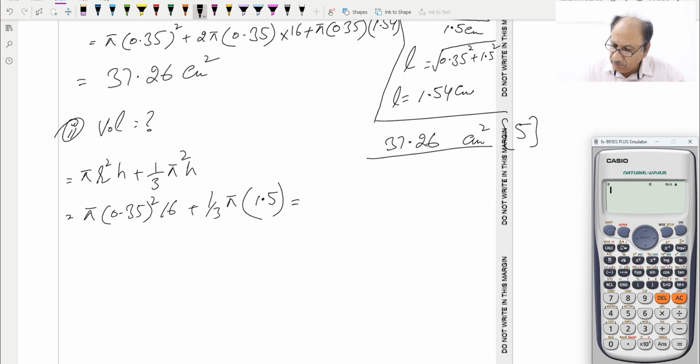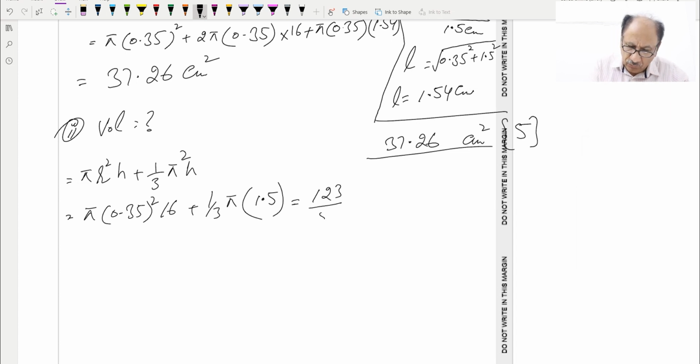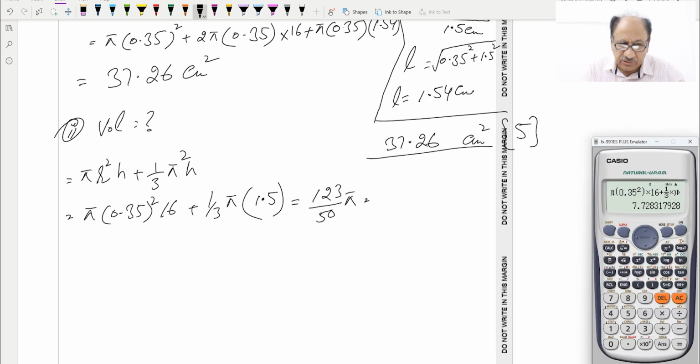So this will be pi into 0.35 square and bracket close into 16, plus 1 over 3 into pi and multiply by 1.5, and this gives 123 over 50 pi, 123 over 50 pi, and the decimal value, if we check, is 7.7.